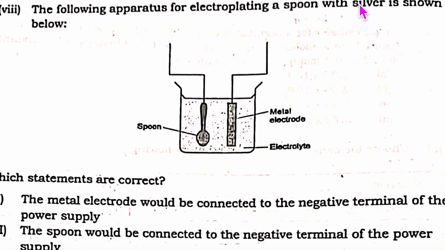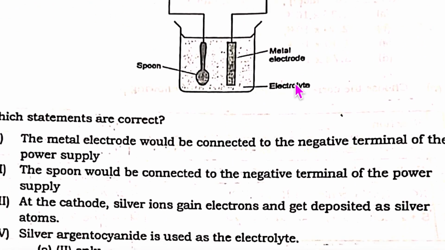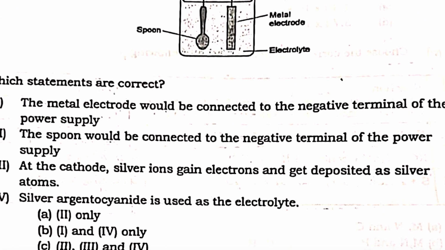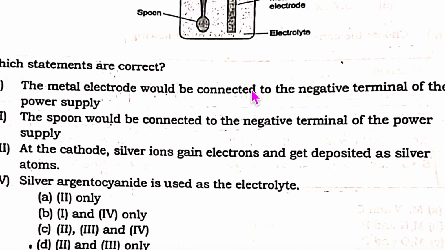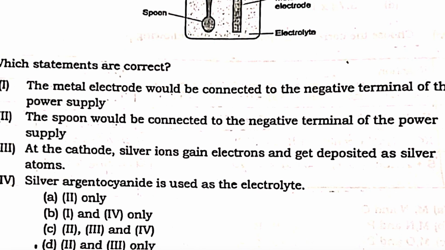The setup for electroplating a spoon with silver is shown below. Which statement is correct? The metal electrode should be connected to the negative. The spoon should be at the negative and the metal electrode at the positive, because it is going to be the active electrode.